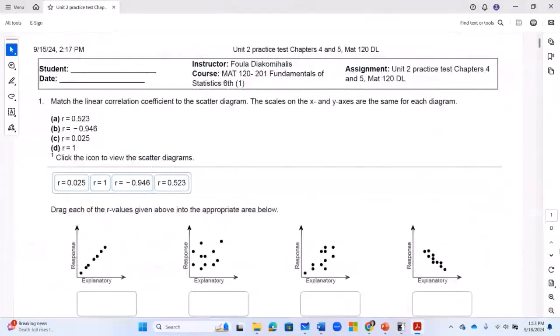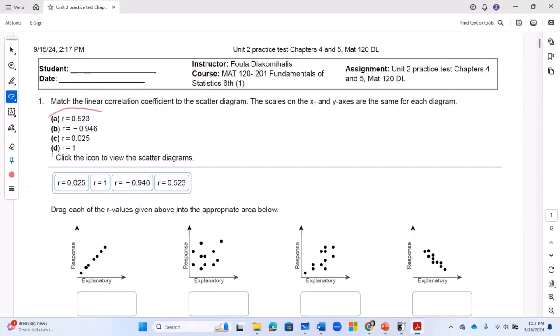So question number 1 says match the linear correlation coefficient to the scatter diagram. So this one, the coefficient of correlation is 0.523.